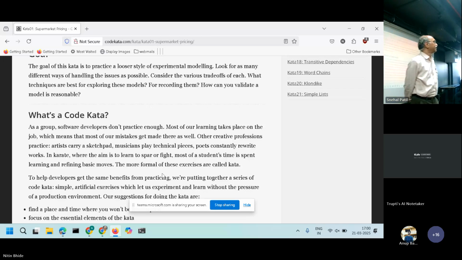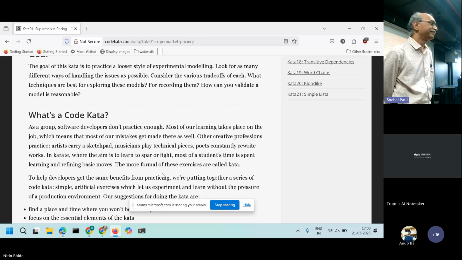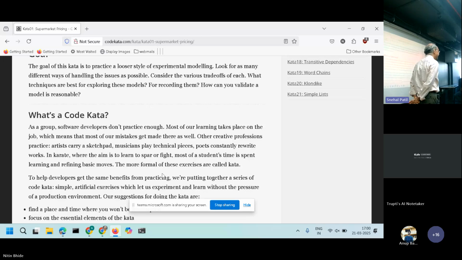Think about a rule which says buy two get one free. Now, is buy two get one free on a shirt and buy two get one free on a pant two different classes? Because if you are saying single instance, they are two different classes.